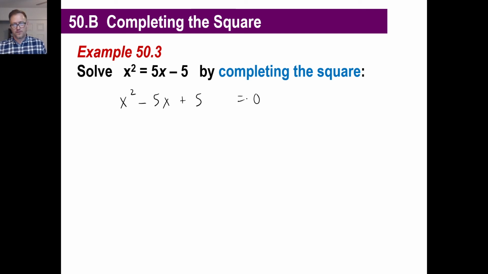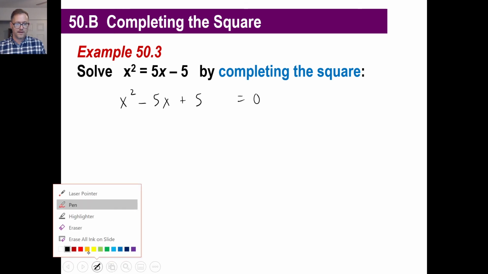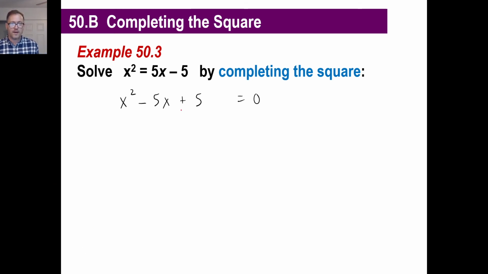Now here's where it gets funky. We know this 5 is not what we want. The way we figure out what number we want here is we take half of this number and then square it. Well, if you take half of negative 5, you don't want to mess with decimals, so you're going to have to just put it over a 2.